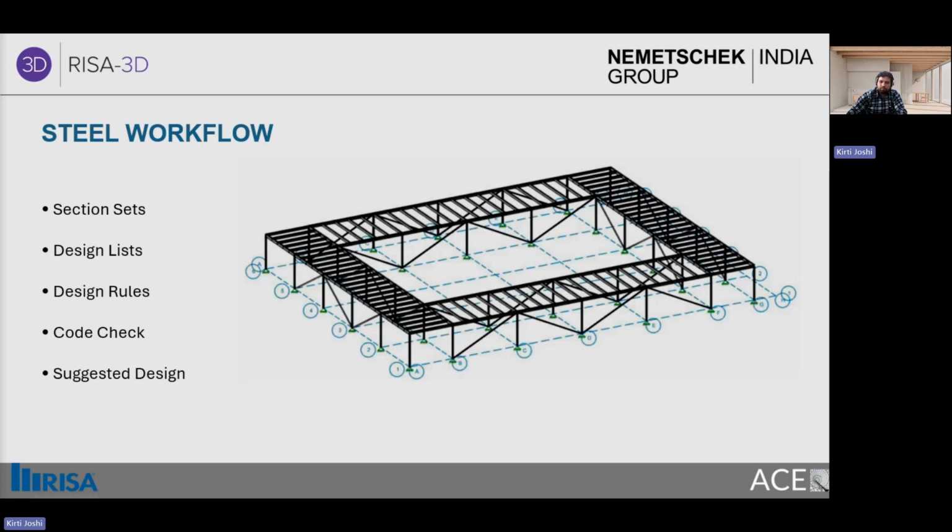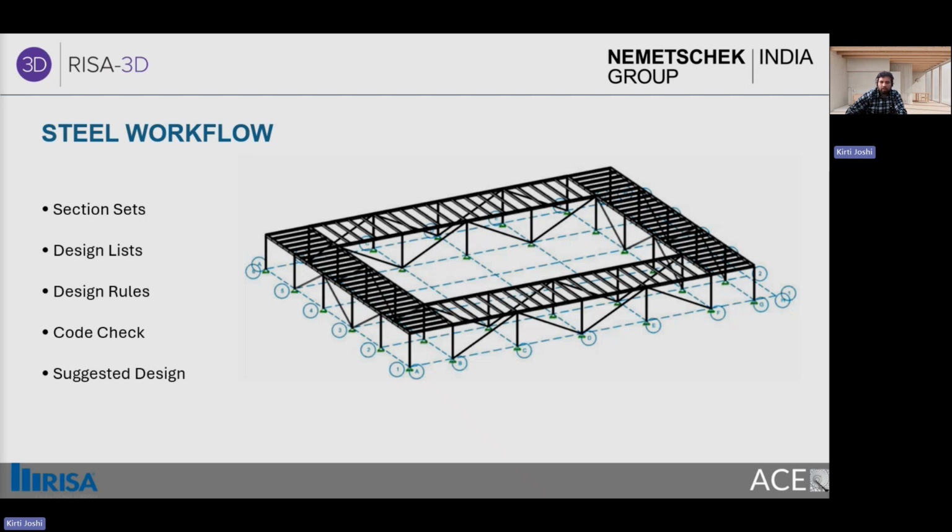The last topic we'll discuss today will be the workflow for designing the hot rolled steel structure. We'll go through the process of designing the hot rolled steel from the beginning to the end using some of the tools in RISA 3D that will help us with the optimization.